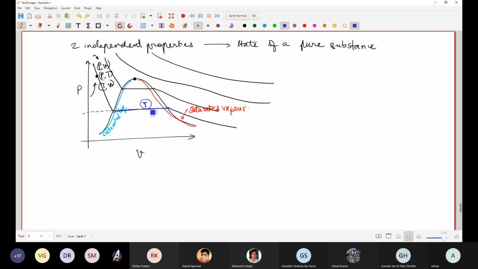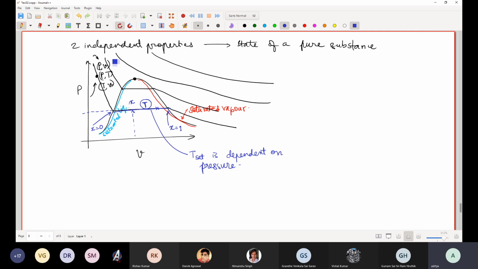So T saturation is dependent on pressure, and as a consequence, T is dependent on P. We cannot find a state if we specify pressure and temperature simultaneously. So here, in order to specify the state, we must specify the quality. This point has a quality of 0, whereas this point has a quality of 1. In the previous class, we had briefly seen an example of this.